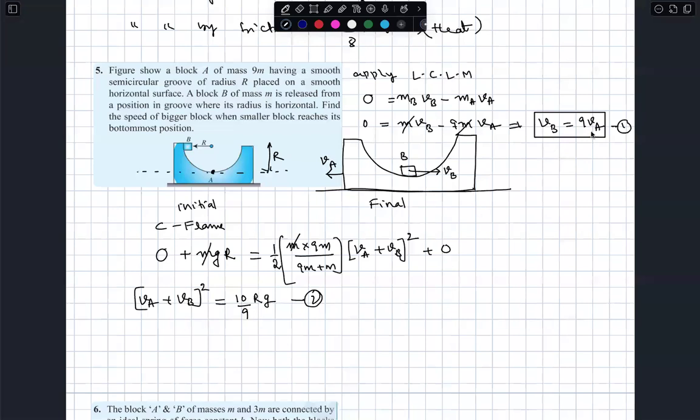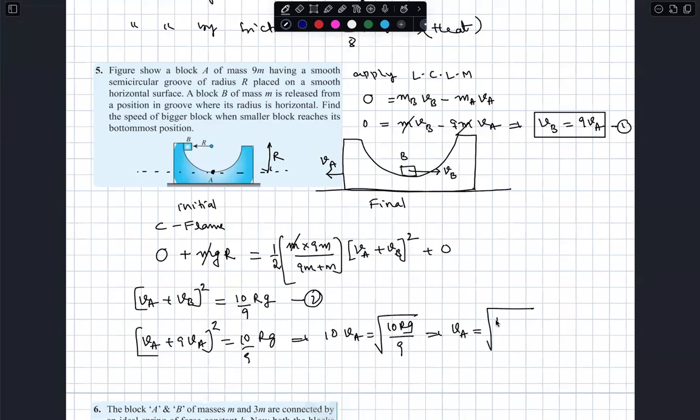Now in the place of VB, put 9 VA. VA plus 9 VA squared is equal to 10 by 9 rg, which implies 10 VA is root of 10 rg by 9. Now push this to the other side: VA is root of rg by 90.